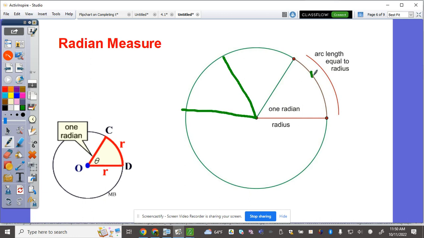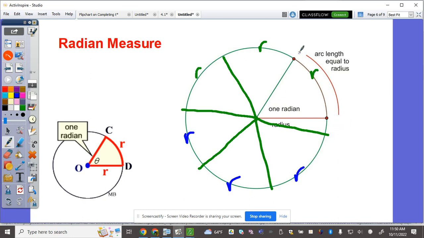That's radian, radian, radian. The other one will be over that, and the other radian will be somewhere right here.